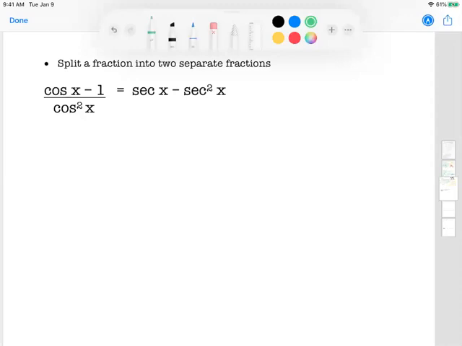Our last example here, we'll be using the strategy in which we split a fraction into 2 separate fractions. So this is extremely helpful when we are working with an expression that has a binomial over a monomial.